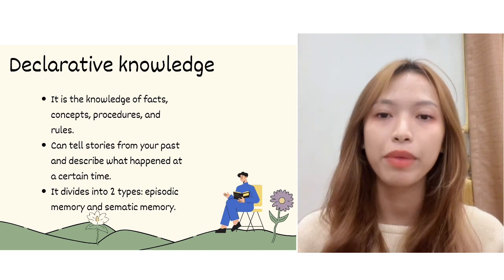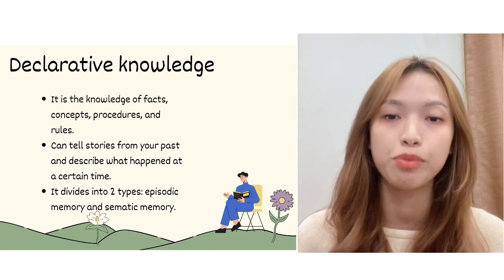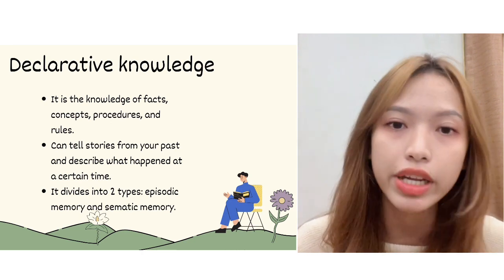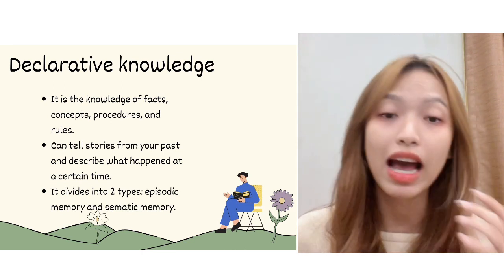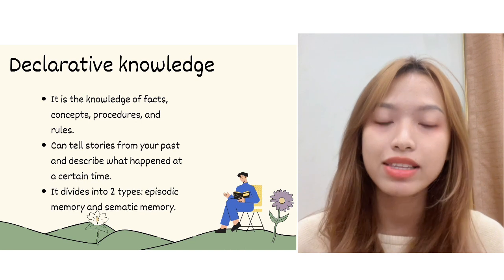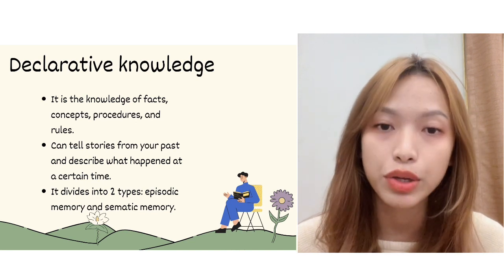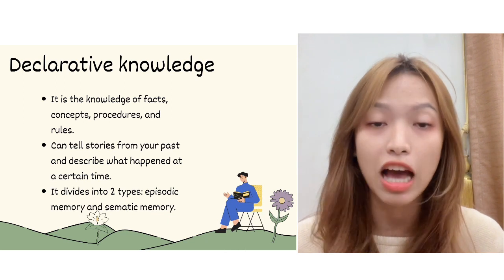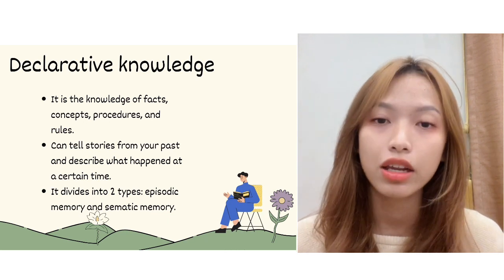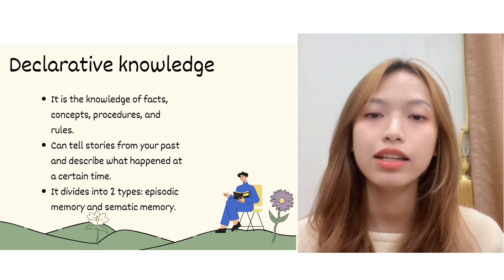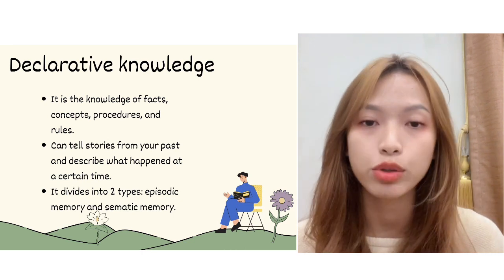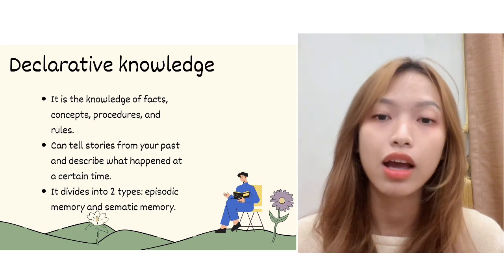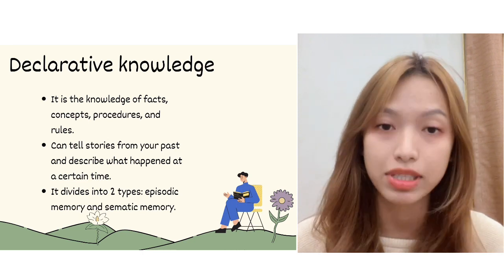For example, you may have a friend who is trying to remember their wedding anniversary, and they ask you for help. This is an example of declarative memory because it requires conscious recollection of facts and events such as dates. Declarative memory is divided into two types, which are episodic memory and semantic memory.